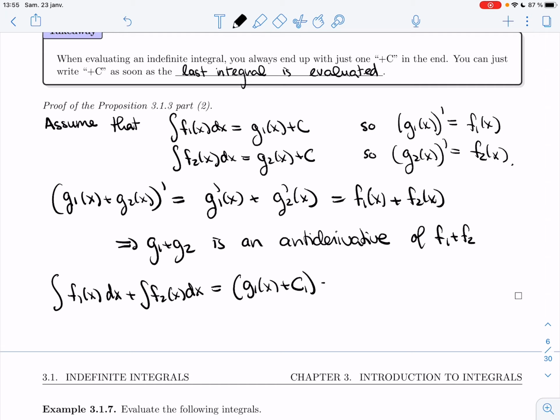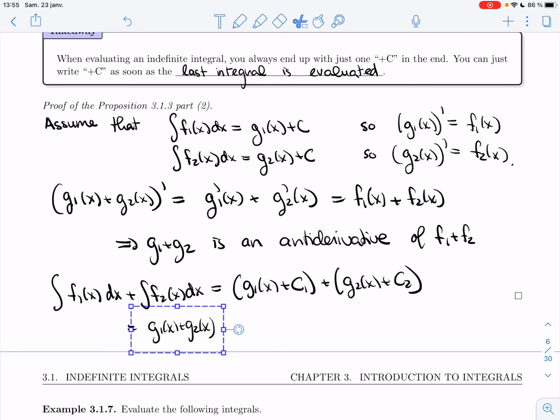Now if I'm using both constants in the same equation, I'm going to use two different symbols because there's no reason to think that these two arbitrary constants are the same. If I rewrite this, I can put g1 of x and g2 of x together. So that's a lot like what we did in the last example. That's part of the reason I wanted to do the example first. Some of the logic is the same. The play with the constant is the same.